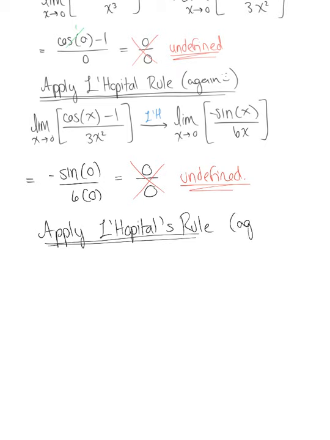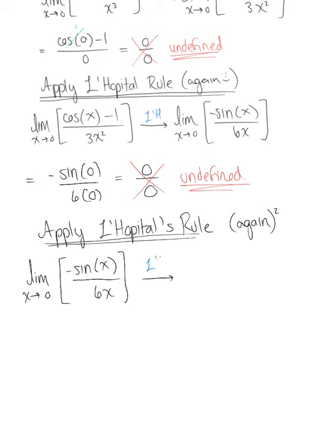So we are taking our previous step, the limit as x is approaching 0 of minus sine of x all over 6x, and applying L'Hopital's rule, we have the limit as x is approaching 0 of the derivative of the numerator, which is minus cosine of x, all over the derivative of the denominator, which is 6.